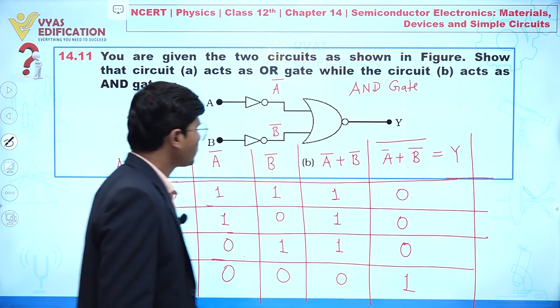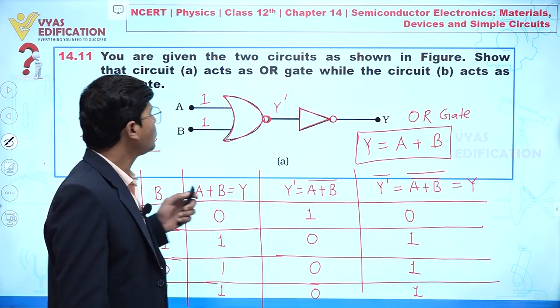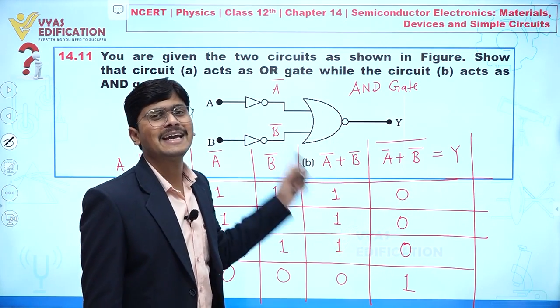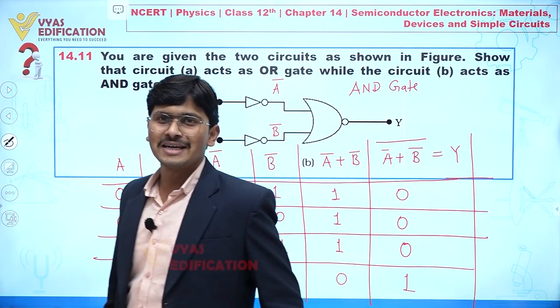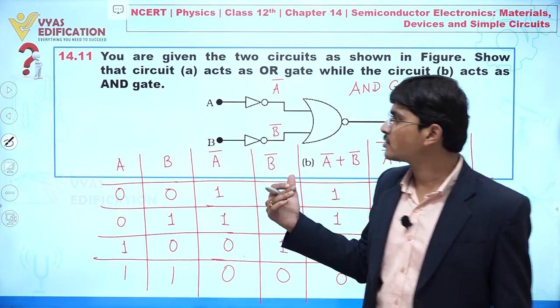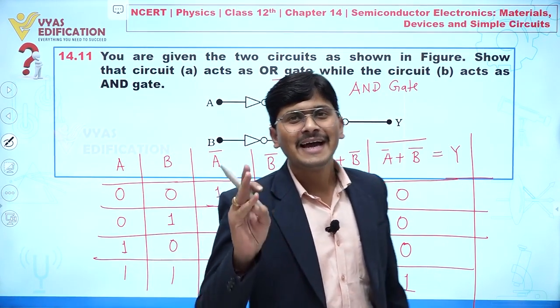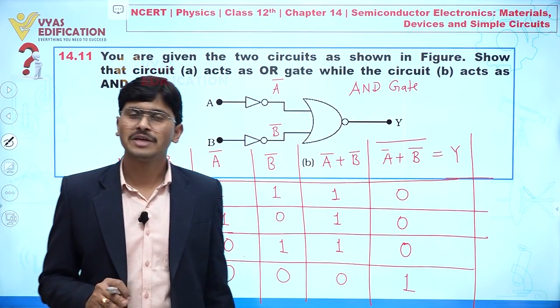So in this question by using NOR gate we are getting first OR gate, and by using NOR gate we are getting AND gate, clear. Similarly we can also find NOT gate by using NOR gate, clear. So because in this question we have only NOR gate, by using NOR gate we can find OR gate, AND gate and NOT gate, all the basic gates we can find from here, clear.